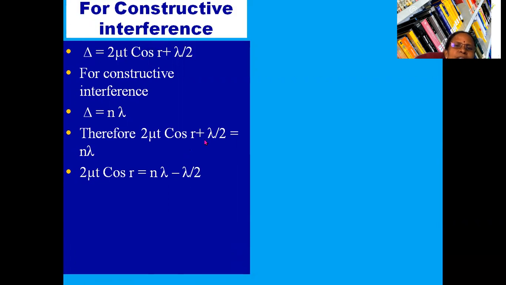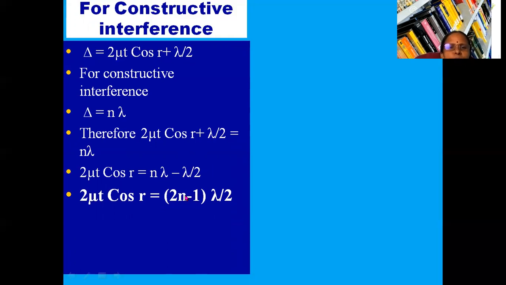Now we can rearrange this, we can carry these lambda terms together. So the lambda by 2 on the left side, taken to the right-hand side, becomes minus lambda by 2. Now we can take this lambda by 2 common, and therefore it becomes 2n minus 1 into lambda by 2.